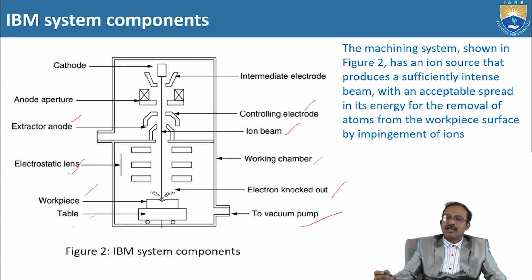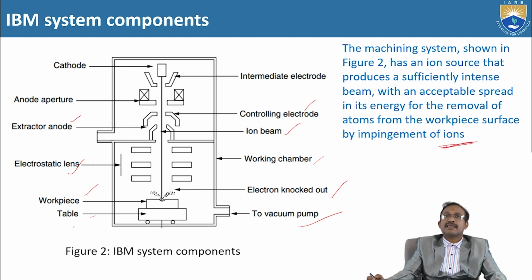The machining system shown in this figure gives clarity of the ion beam machining system setup, which has an ion source that produces a sufficiently intense beam with an acceptable spread in its energy for the removal of atoms from the workpiece surface by impingement of ions.